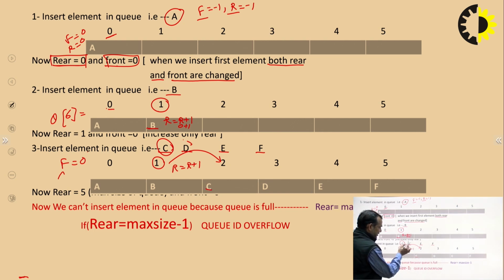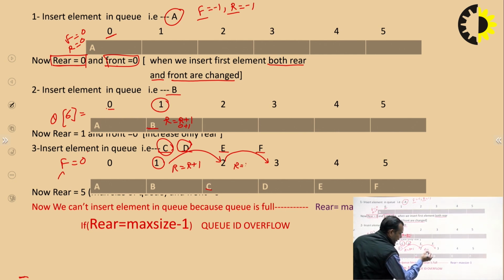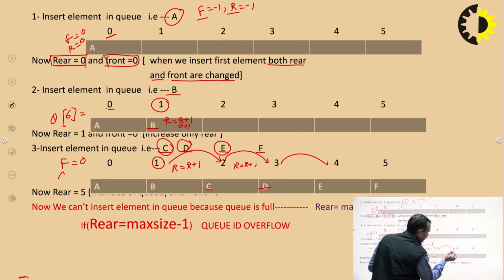Again we insert D, so again we change the value of R. Now R equal to R plus 1, means 2 plus 1, that is 3, so we insert D at position 3. Now we insert E, again we change the value of R, that is R equal to R plus 1.